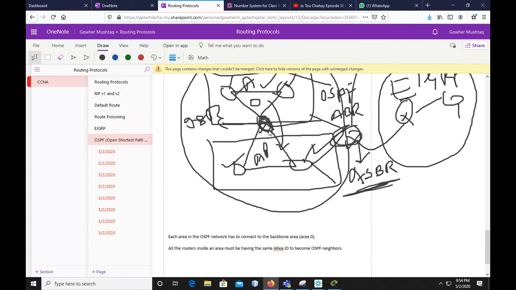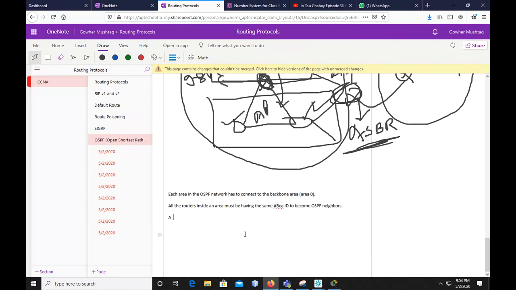You understanding? Yes. So a router that has interfaces, meaning ports, in more than one area, like area 0 and area 1, is called an ABR, Area Border Router.